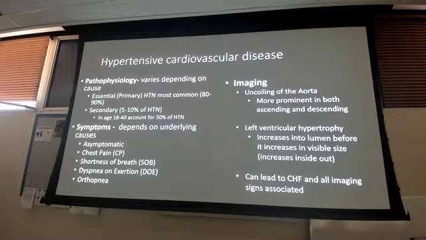That's technically above normal, but that's how you know you're treating them appropriately. Recently I think the American College of Cardiology has dropped that down to 130 and 85, because we have so much hypertension in this country and they're trying to get people more controlled. So, symptoms, right? Asymptomatic.